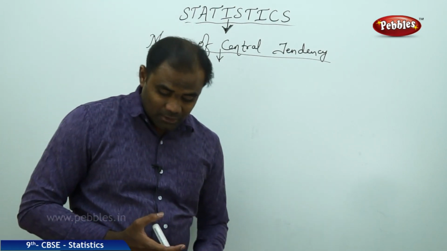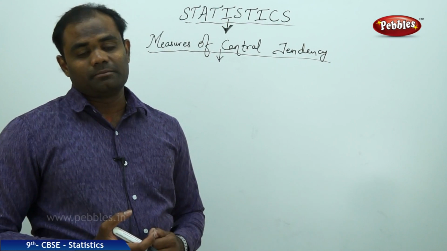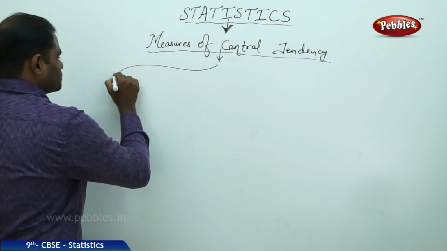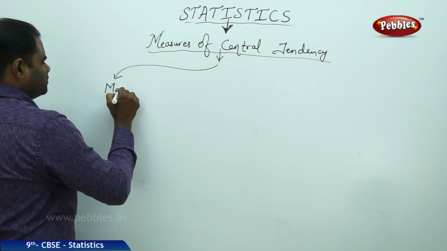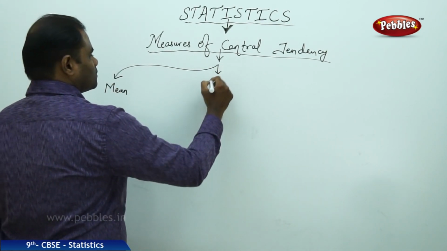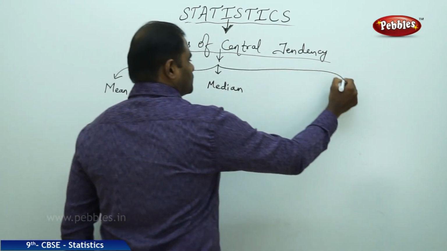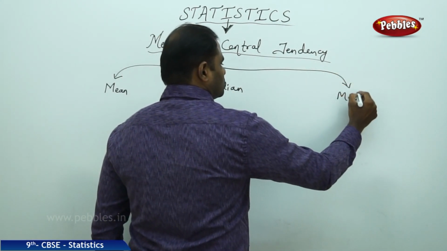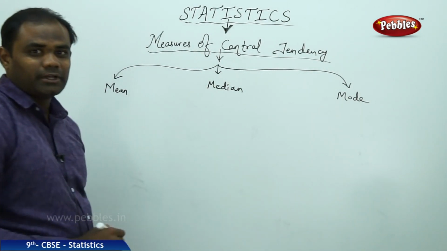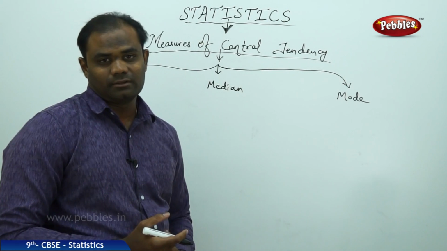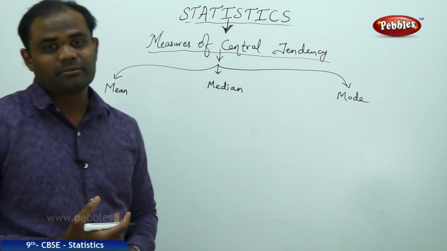There are 3 measures of central tendency identified in statistics: mean, median, and mode. These are the 3 different types of measures of central tendency. Let's discuss these in brief.